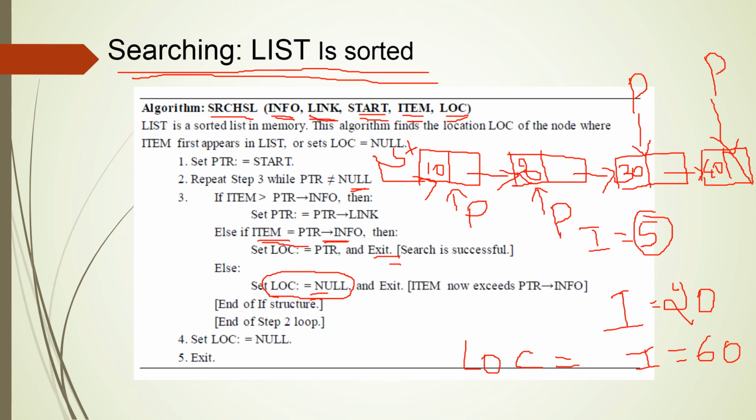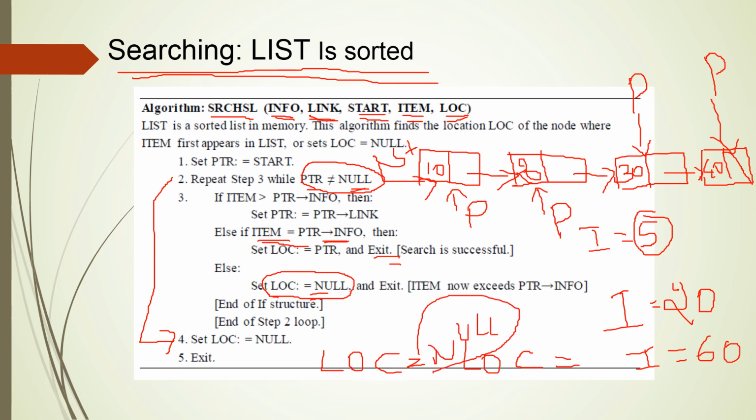So this while loop is evaluated as false, and it comes out of the while loop and goes to step number 4. It will set LOC is equal to null, indicating that the key element is not present in the list.